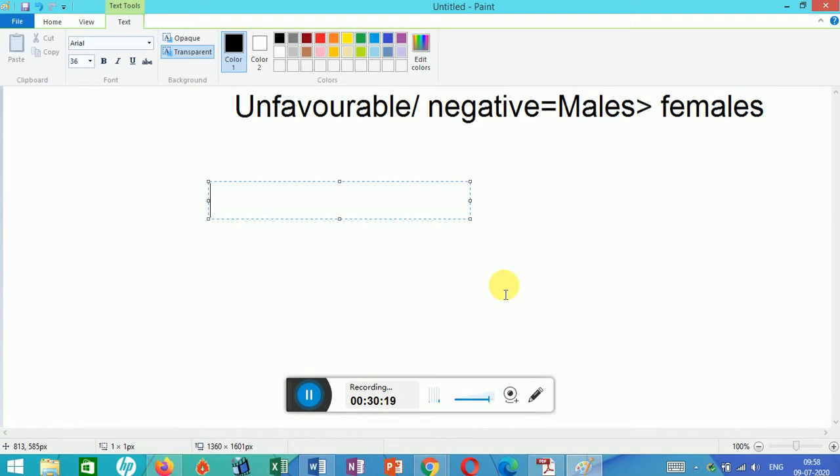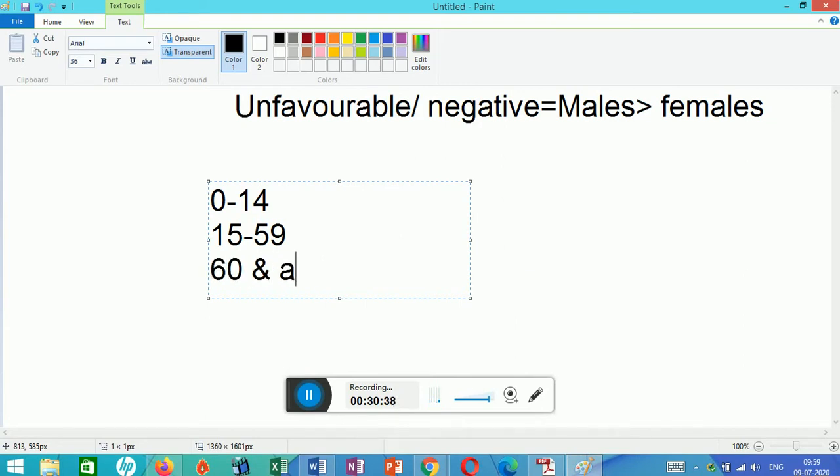The first one is 0 to 14, the second one is 15 to 59, and the third one is 60 and above.